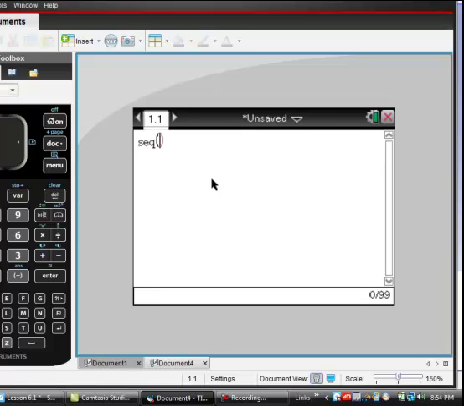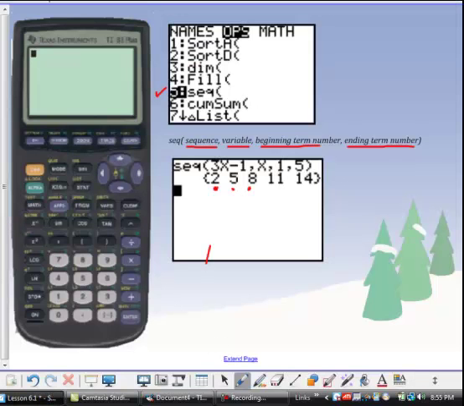Well, the first thing I say is, I'm going to do sequence 3x minus 1. My variable is x. I want to go from the first place to the 5th place, return, and there are the first 5 numbers of my sequence. Pretty nifty.